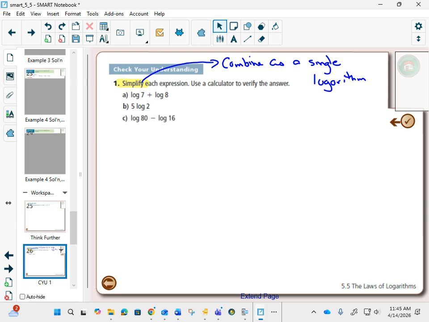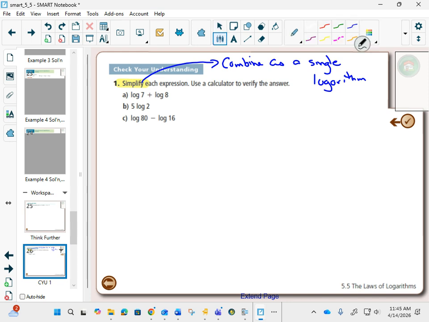So sometimes instead of the word simplify, you will see combine as a single logarithm. Use a calculator to verify each answer. That means type this into your calculator, see what you get. Type your simplified one into a calculator. If they're the same, you know you've done it right.